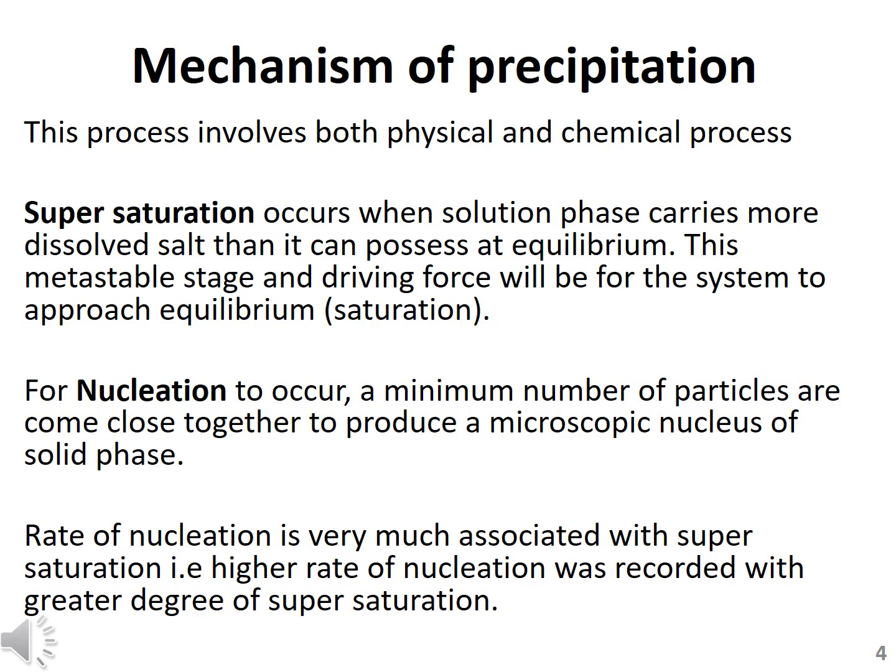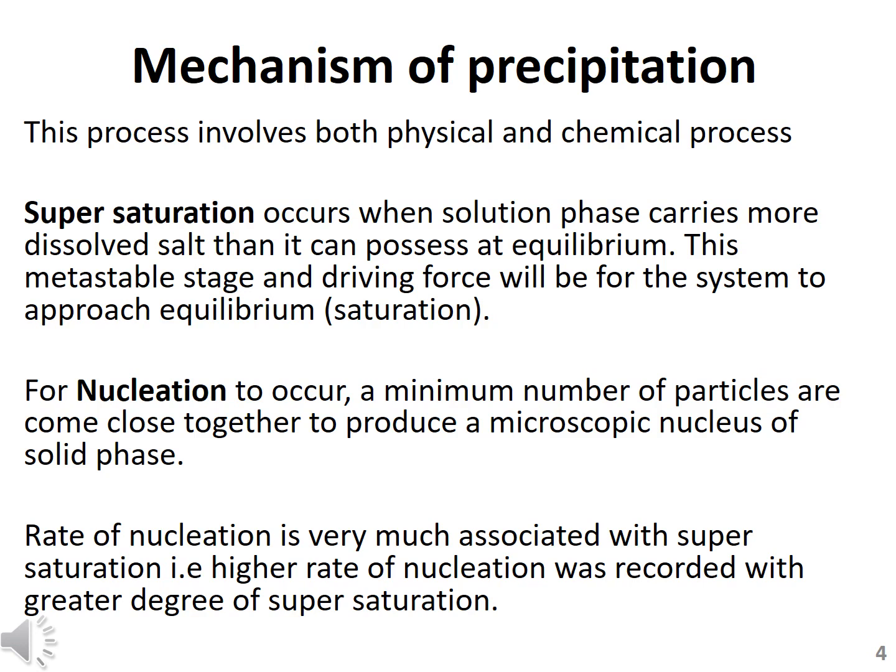When we take this supersaturated solution and add some precipitating agent, a process of nucleation occurs. This nucleation process is the starting process to form a microscopic nucleus of the solid phase. It is actually the beginning of forming bigger precipitates.